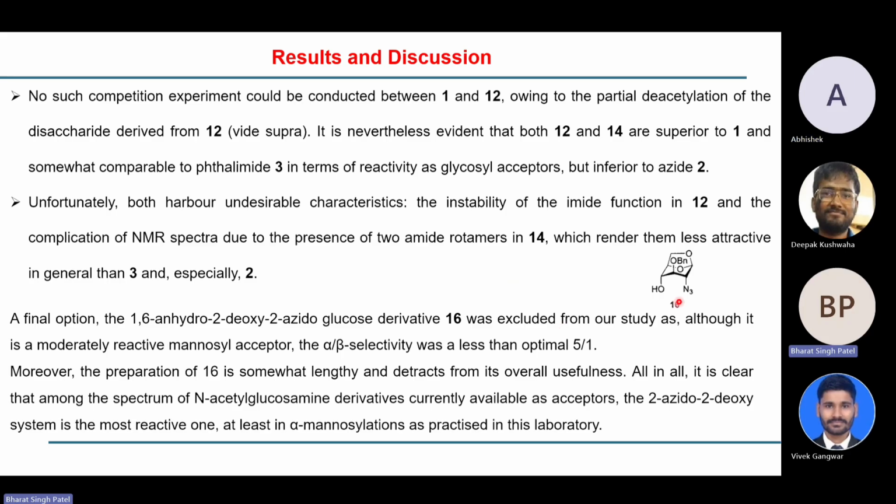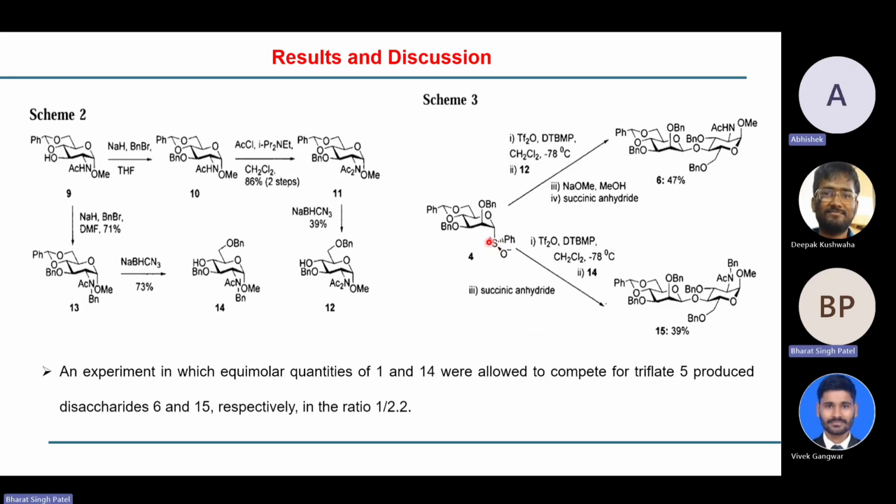And 16 they did not use, and they said the preparation itself is lengthy and distracting. So what is this 14? These two amide rotamers: now you see this is the chiral center already, and the system itself, this nitrogen, again also becomes a chiral center.